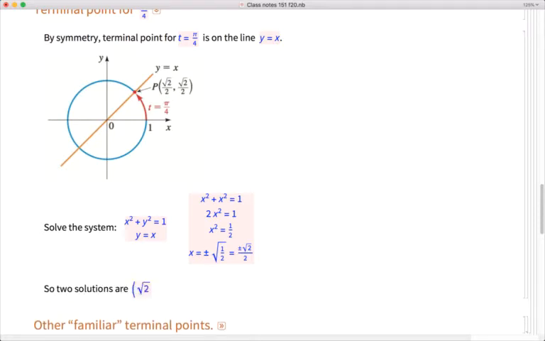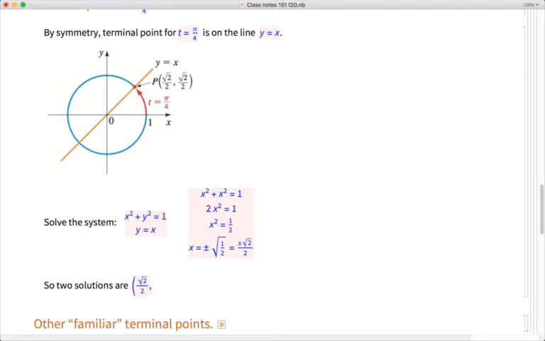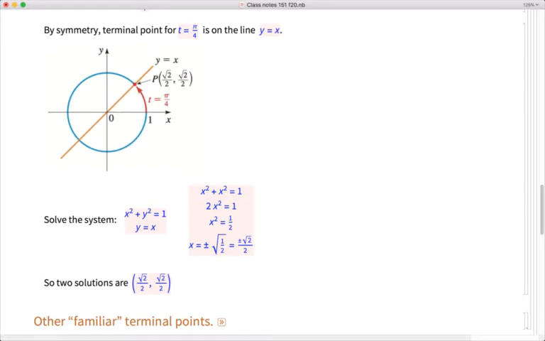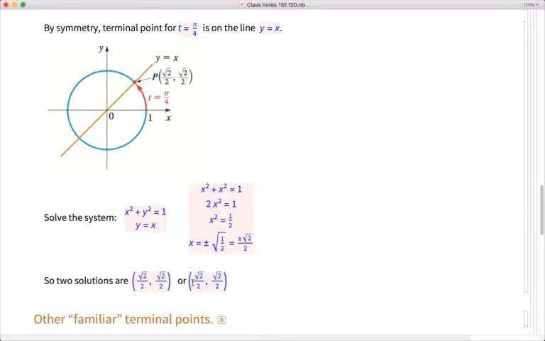So we get root 2 over 2, root 2 over 2, or the possibility that x was equal to negative root 2 over 2, and when that happens, y is also negative root 2 over 2. The answer though, for the reference number pi over 4, the terminal point is root 2 over 2 comma root 2 over 2.